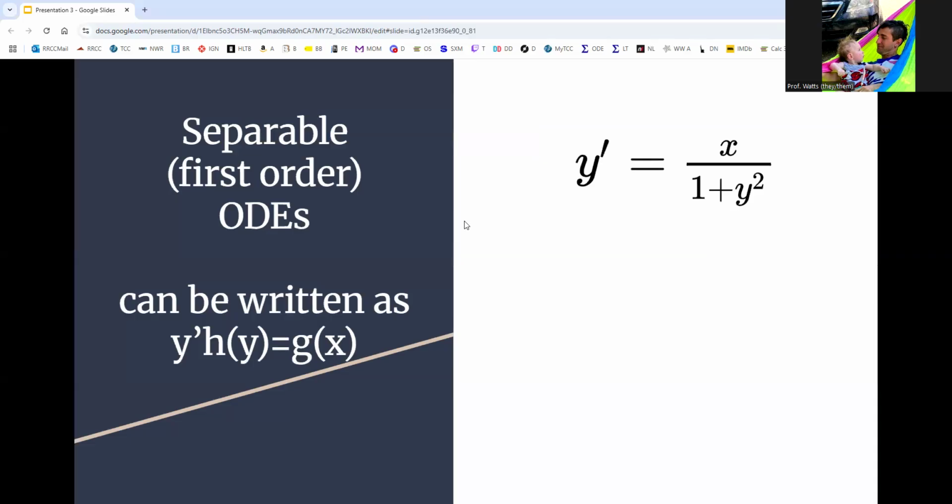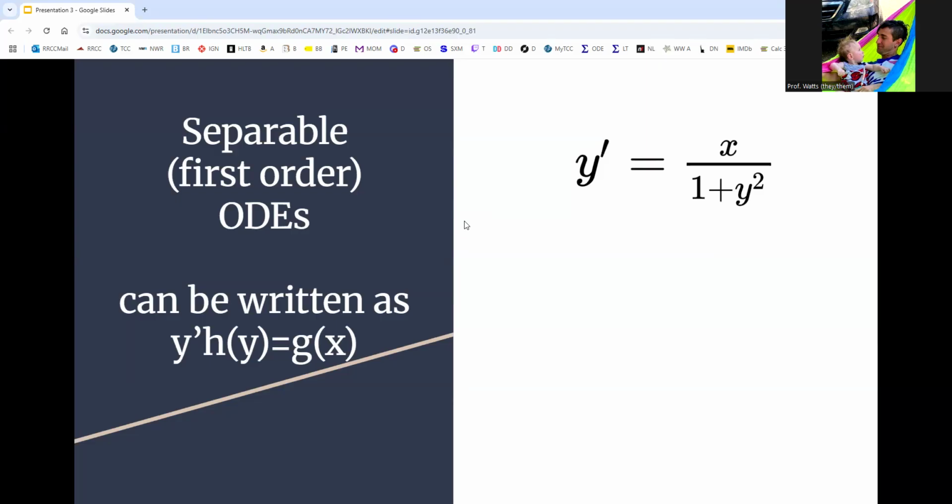And one of the most common techniques you'll see for these is the separable differential equations. Technically, they don't have to be nonlinear to be separable, but we will see that some nonlinear first order ODEs are separable, and this gives us a way to solve them. So in some sense, we are just separating the variables, putting the dependent variable and its derivatives on one side and the independent variable on the other side.